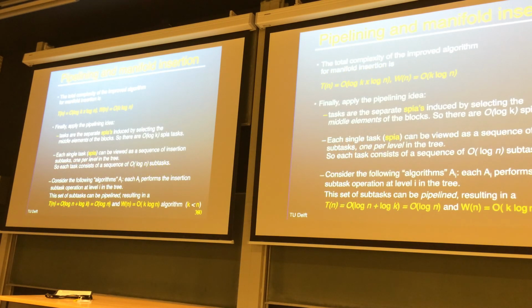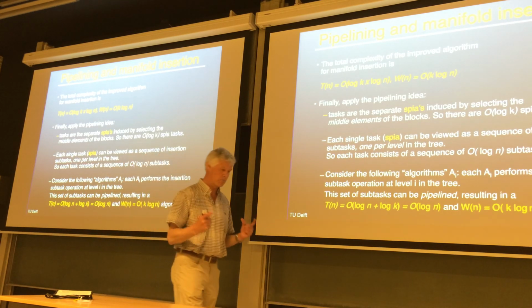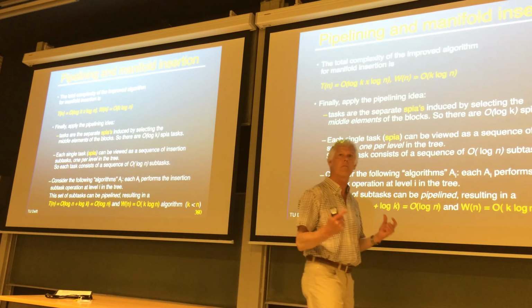Okay. So, the total complexity of the improved multiple insertion was log k times log n, with work k times log n, and here we see how we can apply the pipelining by considering each level as performing a special operation.